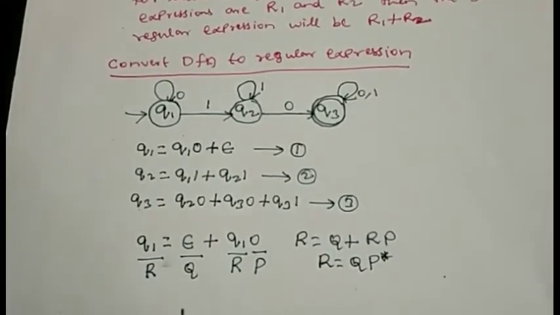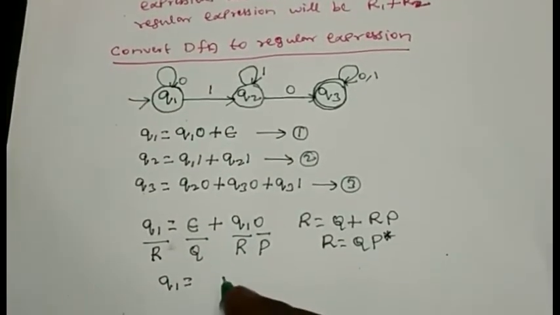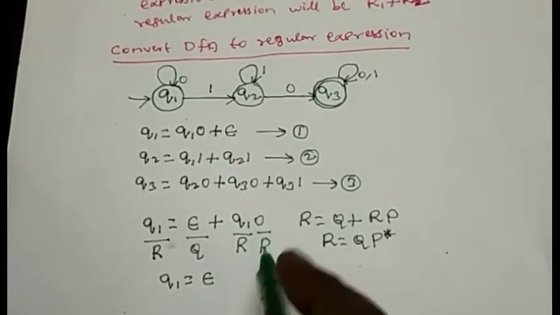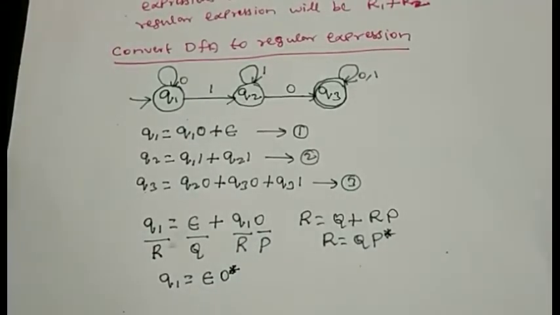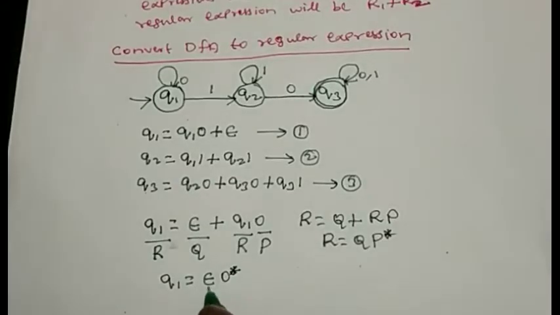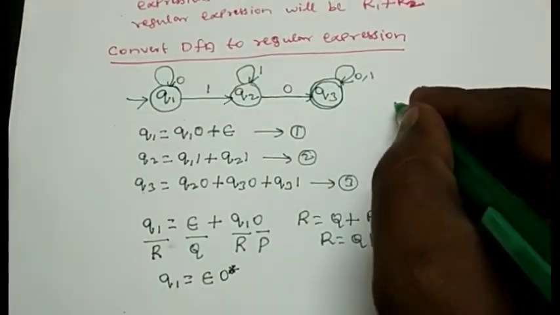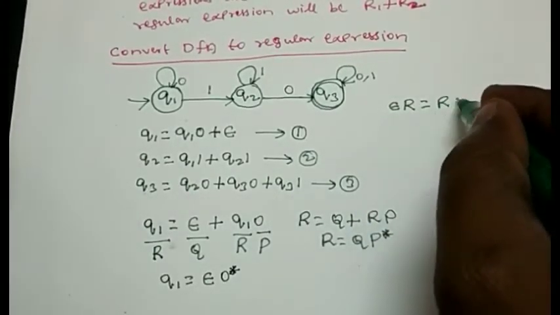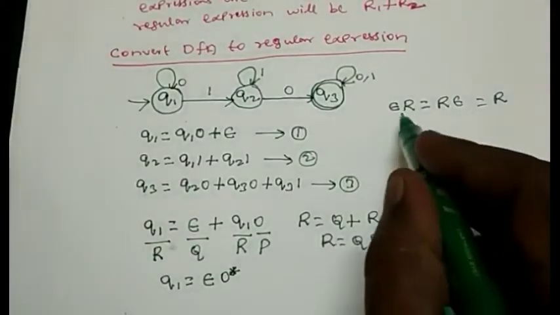So now what is R here? You can rewrite this equation: Q1 equals Q is epsilon, and P is actually 0, and you put star here, 0 star. So you can reduce it. To reduce it, you should know the regular expression formula: when epsilon is multiplied by a regular expression R, you always get R. Anything multiplied with epsilon gives itself.